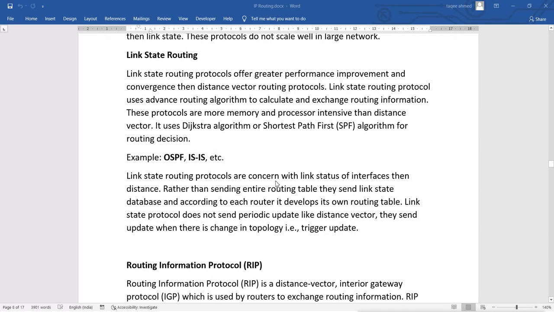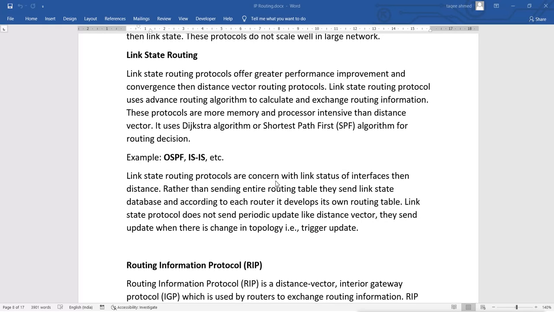Link state routing protocols are concerned with the link status of the interface, not distance. Why is distance vector called distance vector? Because it depends on the distance and the direction of the network. But link state is called link state because it depends on the status of your interface, not the distance.